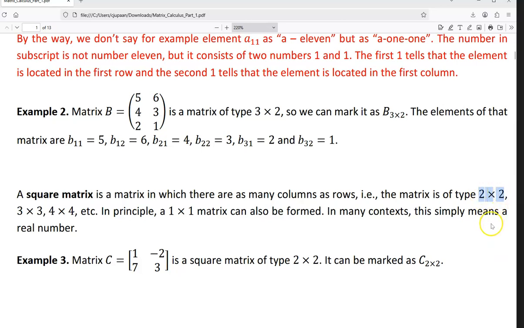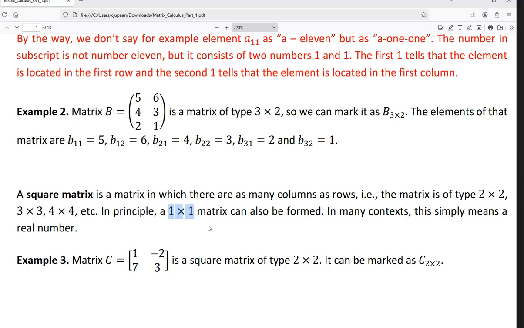For example, 2 by 2 or 2 times 2 tells us that there have to be 4 numbers inside of that kind of matrix. So this 1 by 1 gives us only 1 element inside the matrix. We can say that this kind of matrix is actually a real number, only a number which is written inside of a matrix for some reason. But probably this is quite an exception.